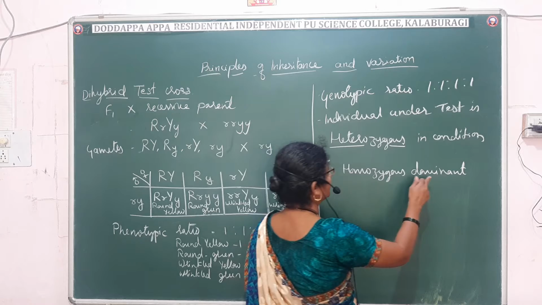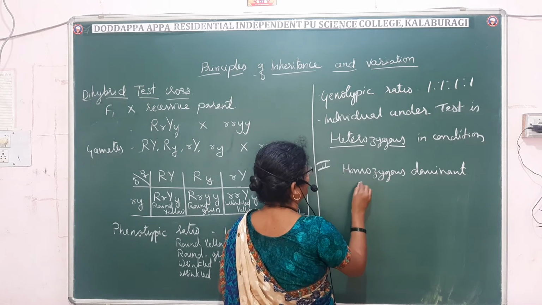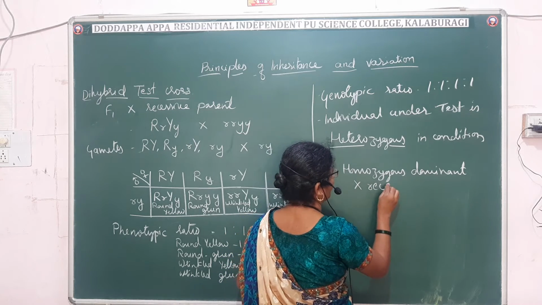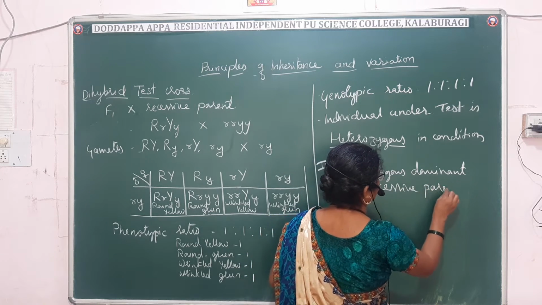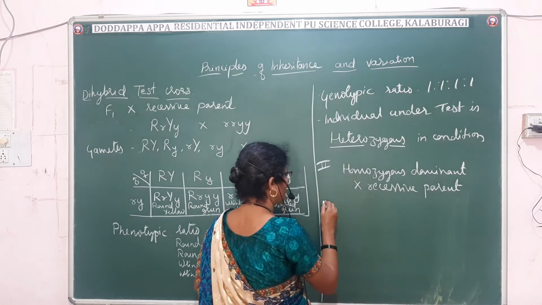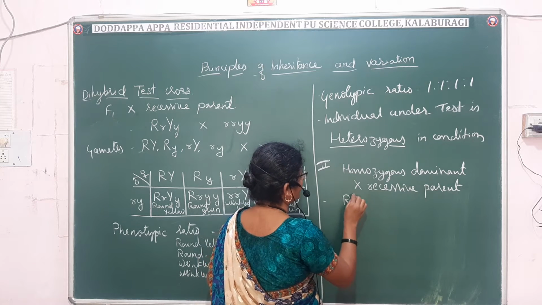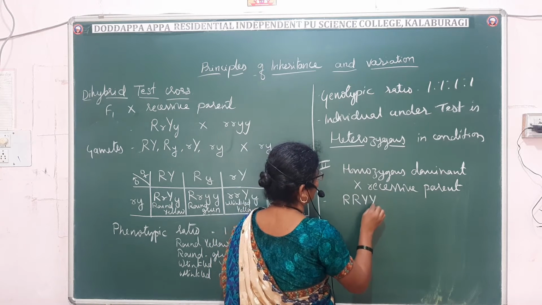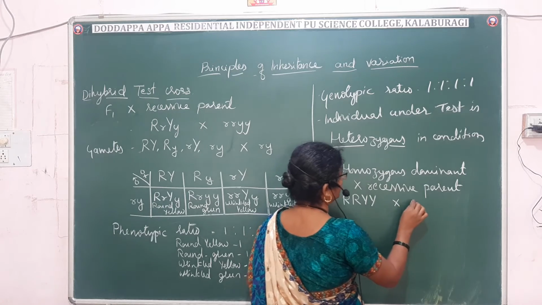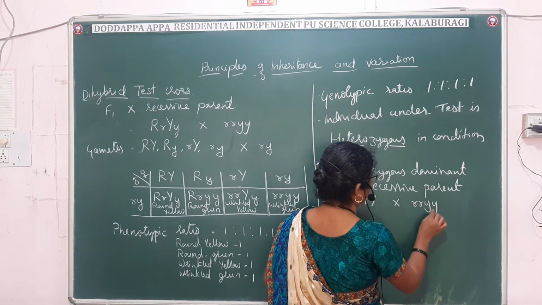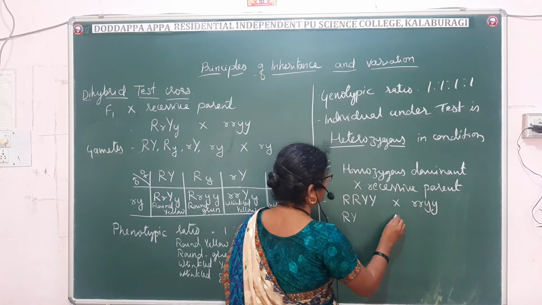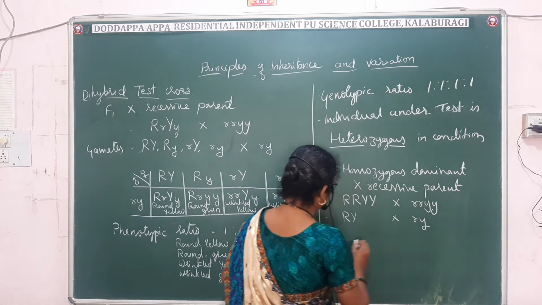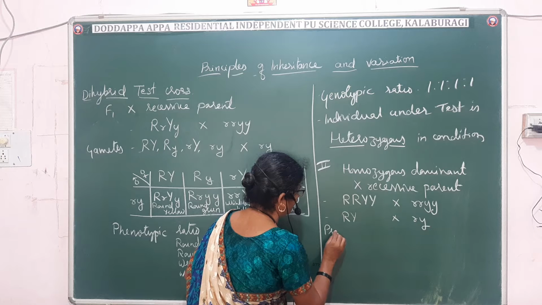So if we have homozygous dominant, cross this with the recessive parent. Homozygous dominant here is capital R capital Y, crossed with homozygous recessive. So here you are going to get only one type of gamete as they are homozygous. And the progenies, how do you get the progenies?